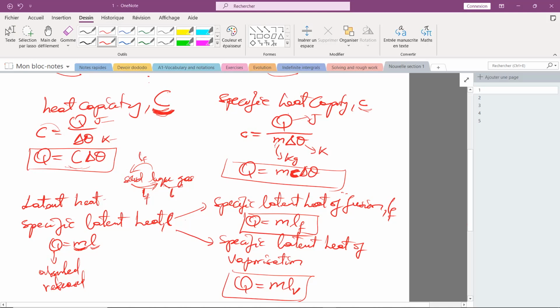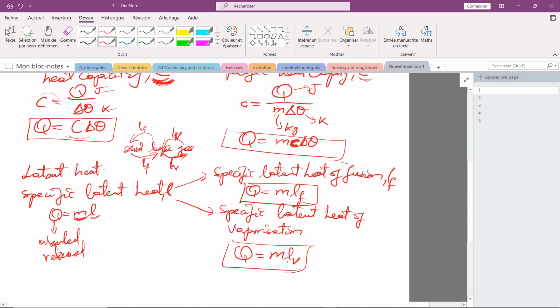Whenever you are going from the liquid state to the gaseous state, or from the gaseous state to the liquid state, we talk of specific latent heat of vaporization. It's very important for you to understand that. The symbol for specific latent heat of fusion is L subscript f, and the symbol for specific latent heat of vaporization is L subscript v.